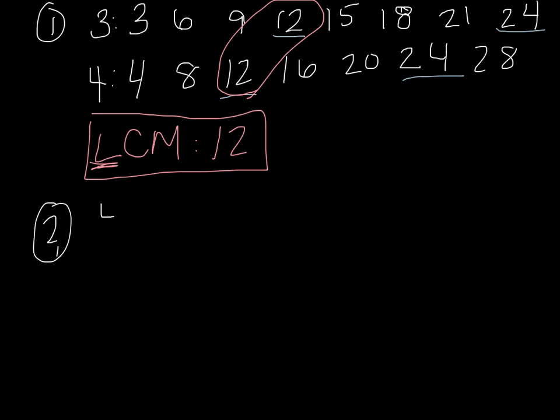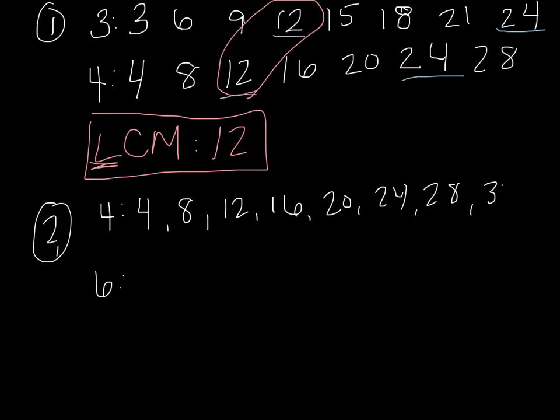4 and 6. Okay, so I can go 4, 8, 12, 16, 20, 24, 28, 32. Then for 6, I can go 6, 12, 18, 24, 30, 36.